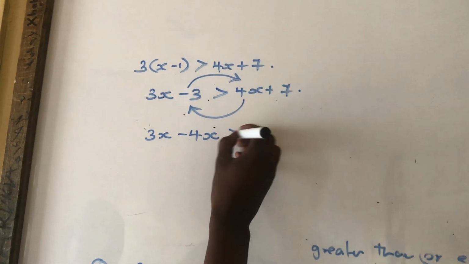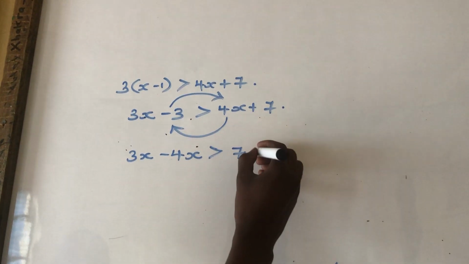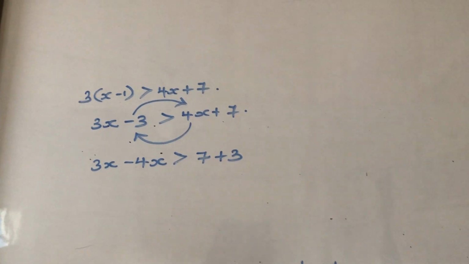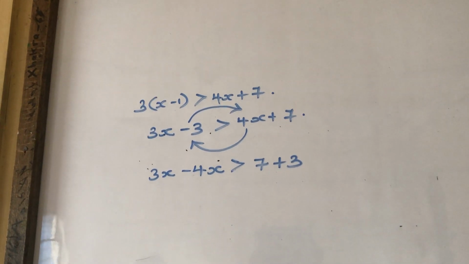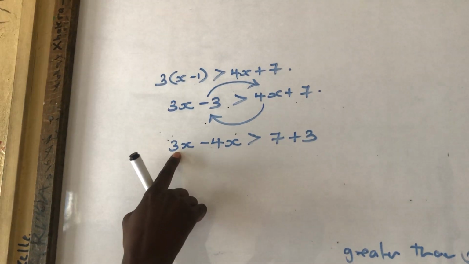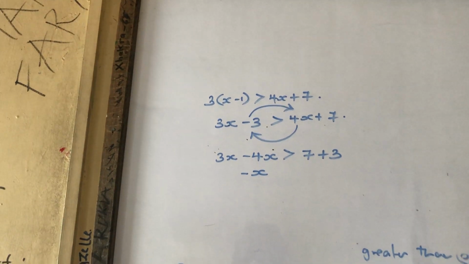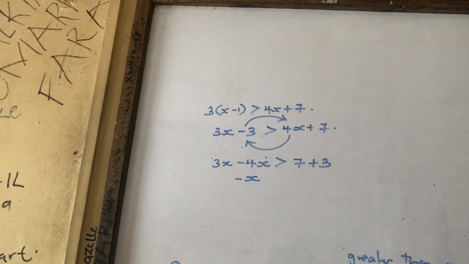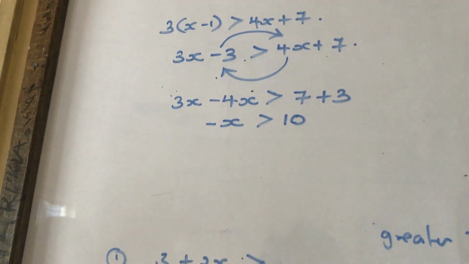It's greater than 7. What happens when the 3 crosses over? The 3 will become a positive. I have collected the like terms. 3x minus 4x should give us negative x. And 7 plus 3 should give us 10.